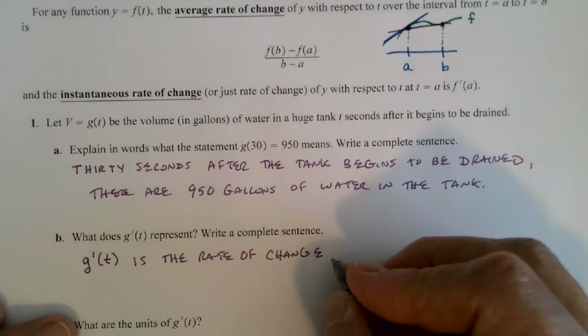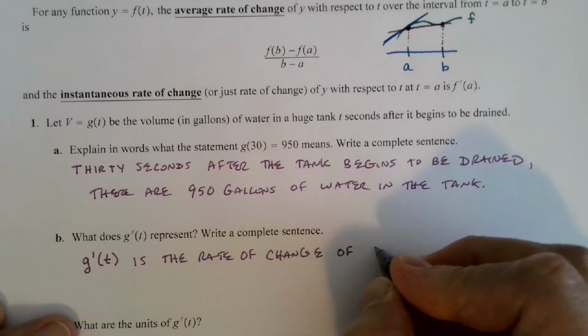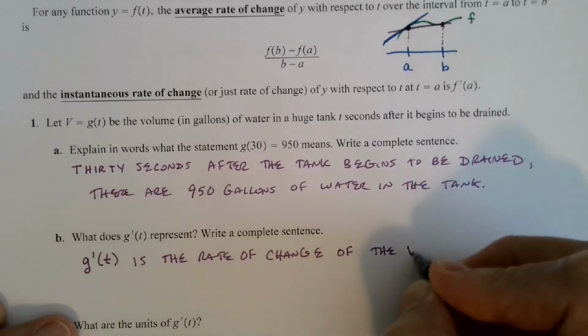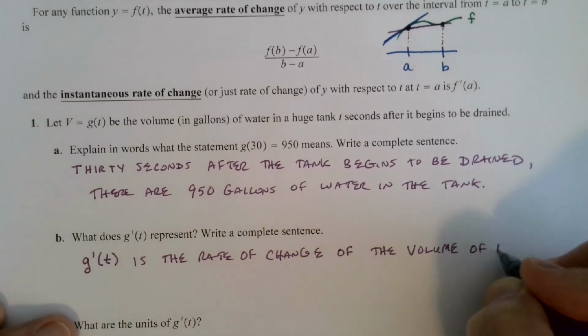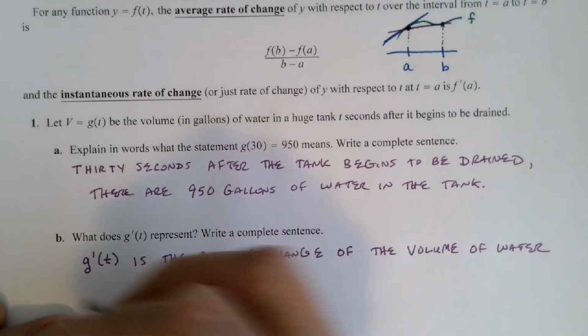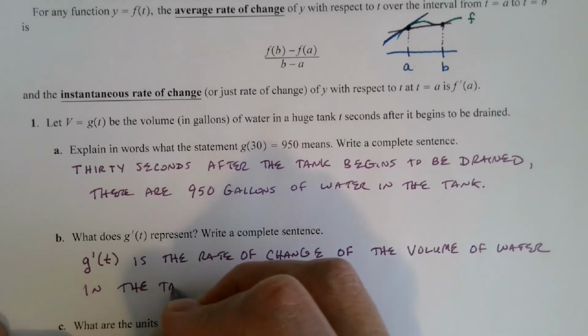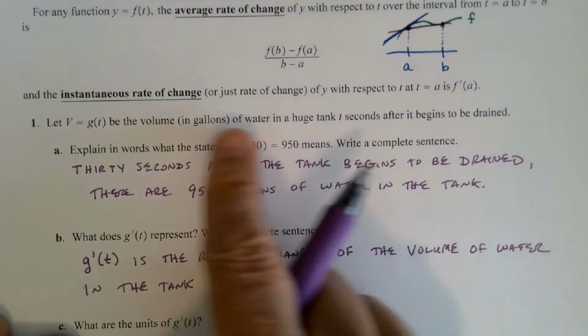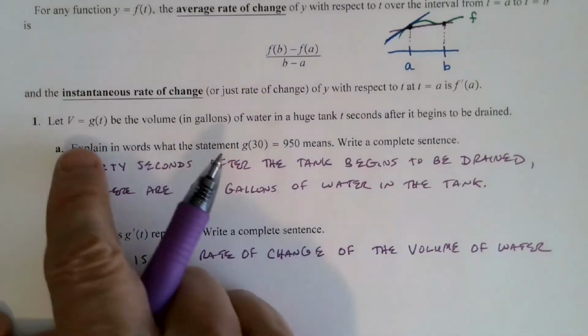So it's the rate of change of the volume of water in the tank. Right, so it's the instantaneous rate of change, or rate of change of y, which in this case is, we're talking about v, right?